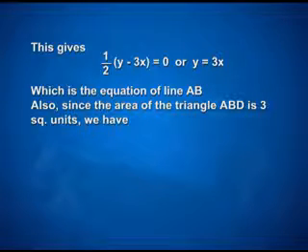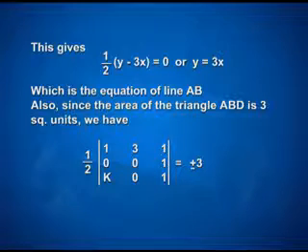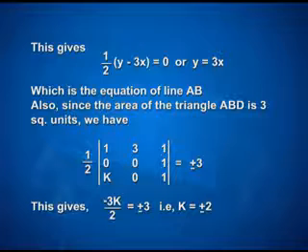Also, since the area of the triangle ABD is given to us as 3 square units, we have half of 1, 3, 1, 0, 0, 1, k, 0, 1 is equal to plus or minus 3, which gives minus 3k upon 2 is equal to plus or minus 3, that is k is equal to minus plus 2.